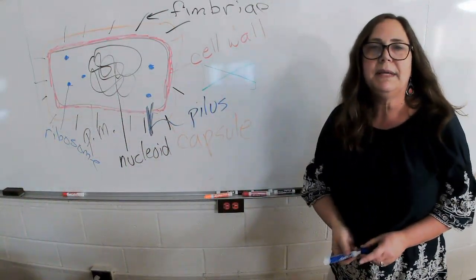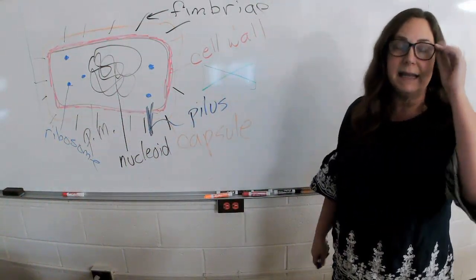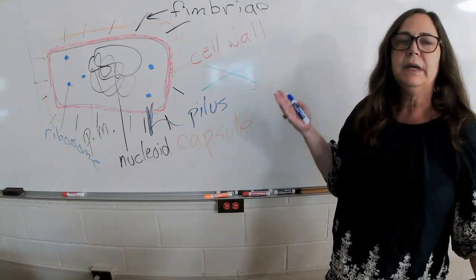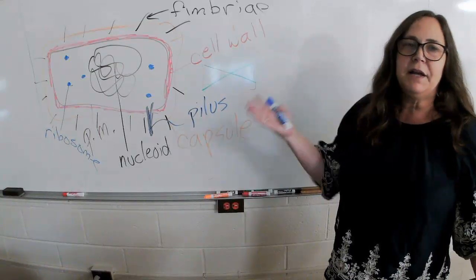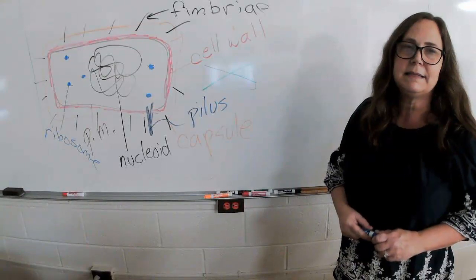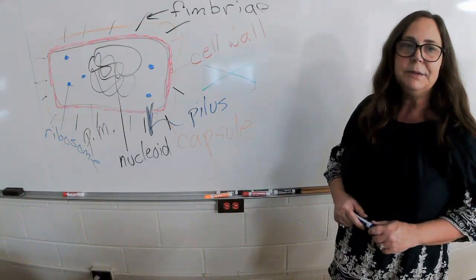We'll just call it a conjugation pilus, and that's going to enable the bacterial cell to inject another bacterium or another prokaryotic cell with some of its DNA.